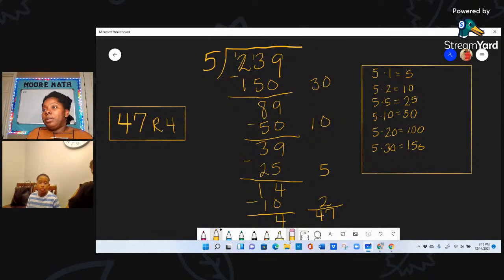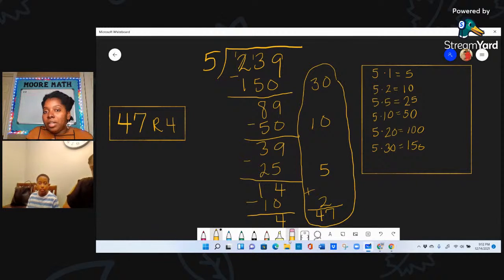If you had 0, then it's just 47. That's the only thing you have to remember at the end, because you could get used to just adding all of these and then forgetting about that remainder. So make sure you include that at the end. But that was great. You did incredible. All right, so stay right here. I'm going to close this out.